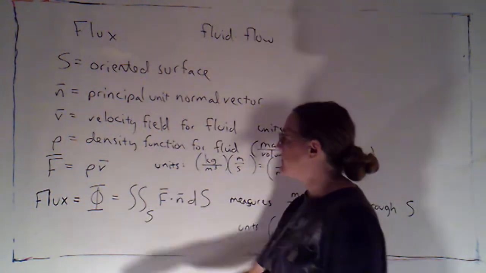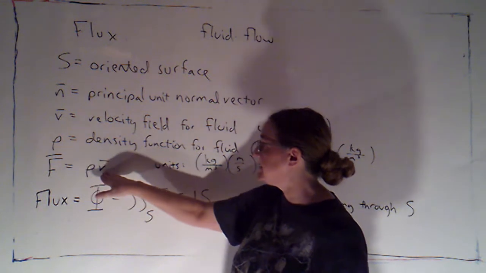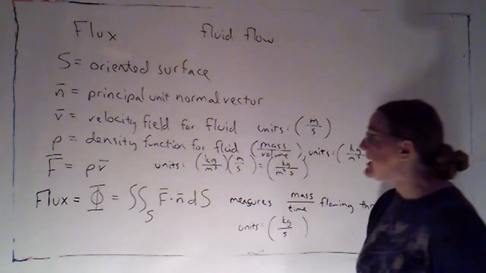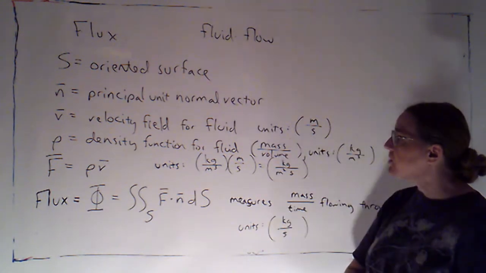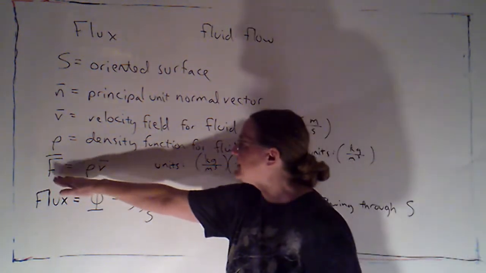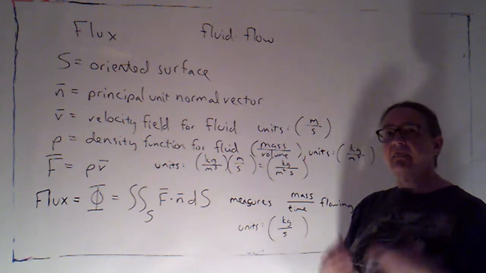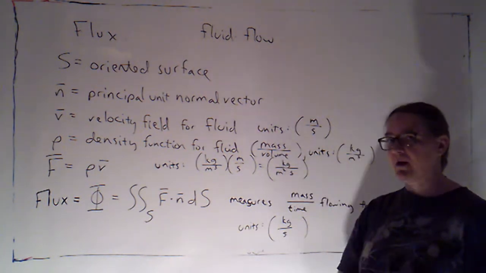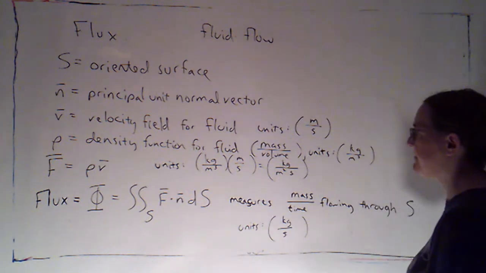We're going to set it up so that we're going to work with F, which is density times velocity, so that our flux is going to be integrating a function that's related to this, and that way it's going to be calculating mass per unit of time that's flowing through my surface. Okay?